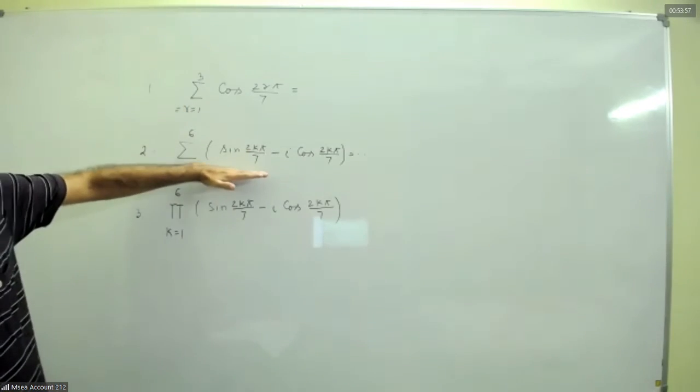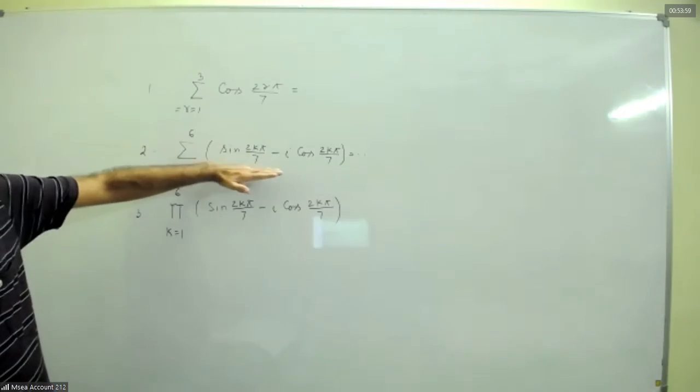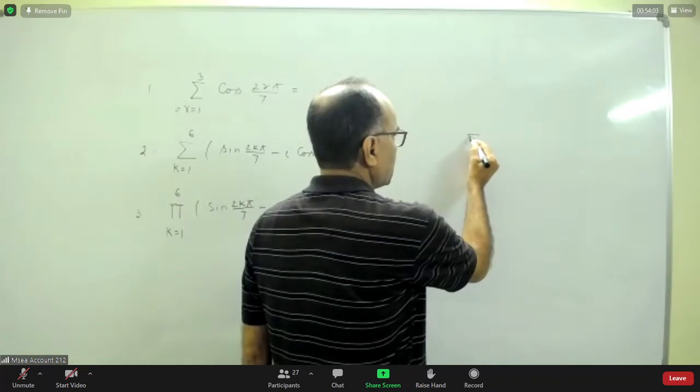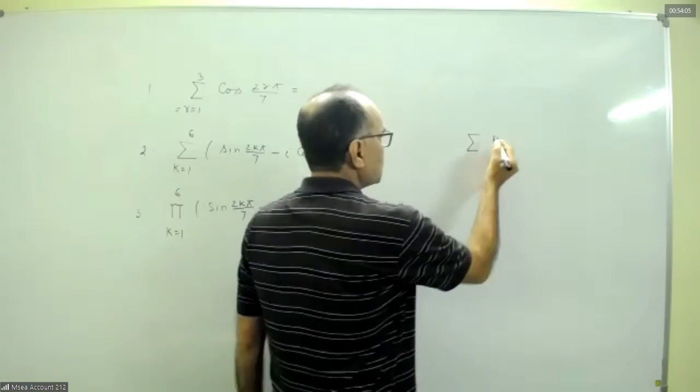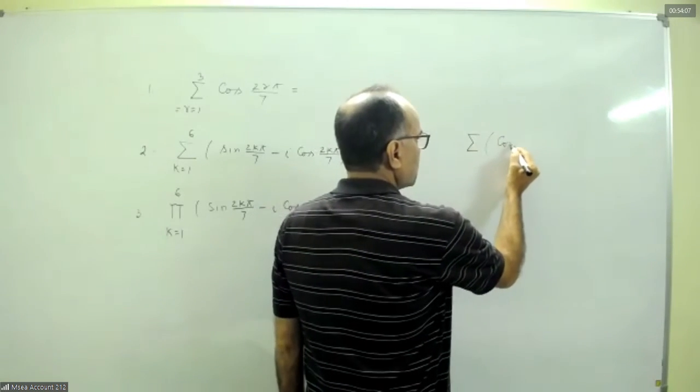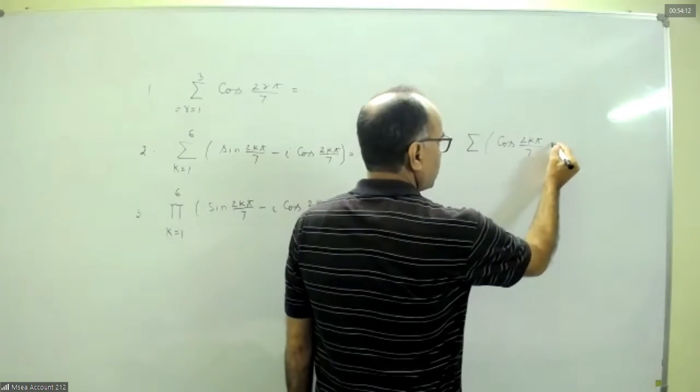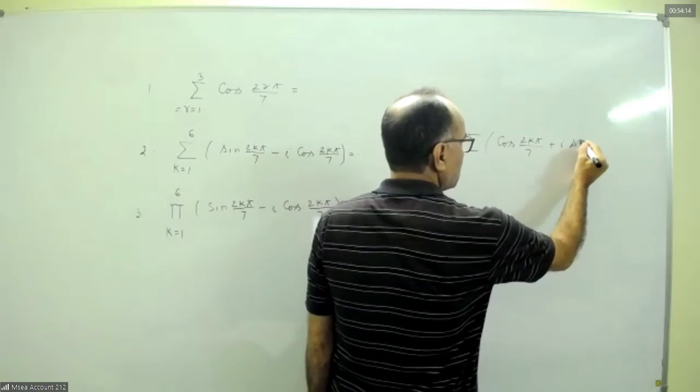First, let me do this one. Just think of this result, the summation of cos 2k pi by 7 plus i sin 2k pi by 7.